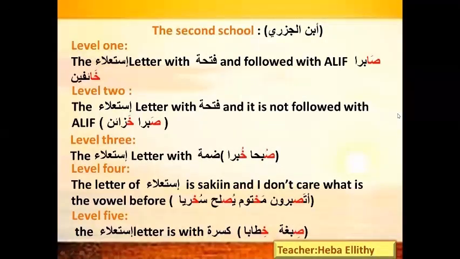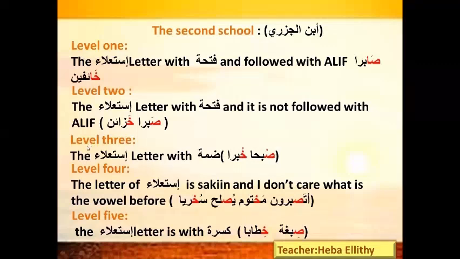So this is our second school for Ibn al-Jazari, and he used 5 levels for the Tafkheem and Tarqeeq. Level 1, the heavy letter with fatha and followed with alif, like صابرة, خائفين. Level number 2, less in Tafkheem a little bit, the letter with fatha only, like صبرة, خزائن.